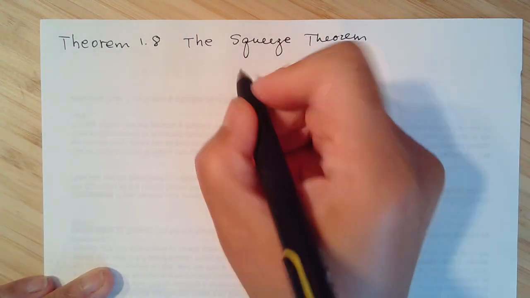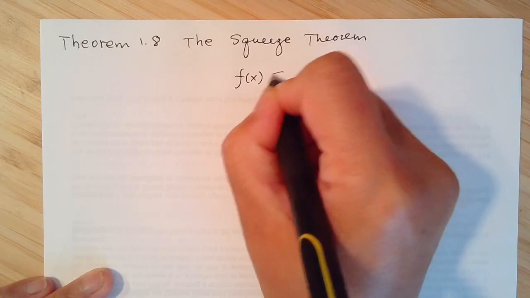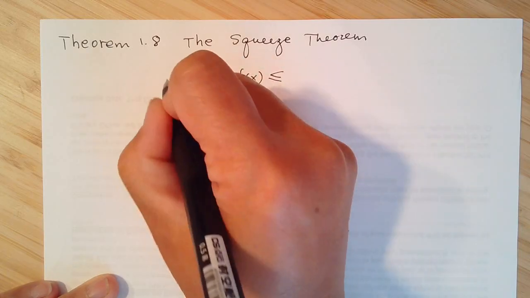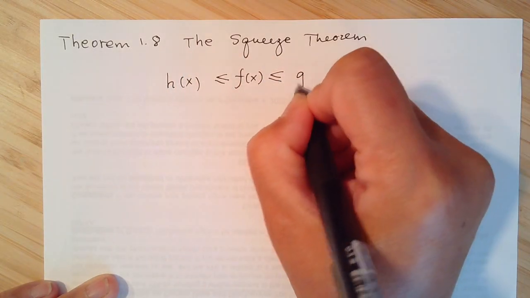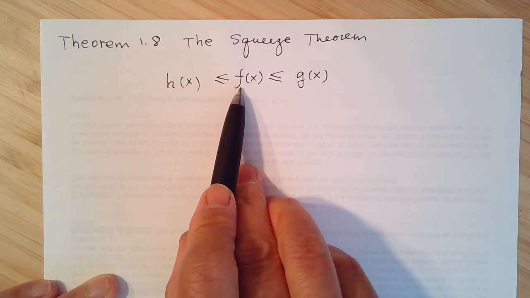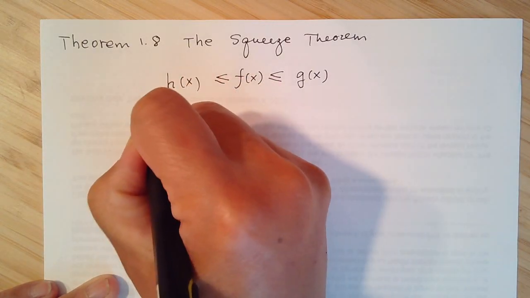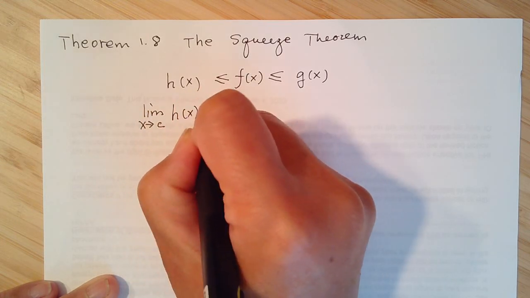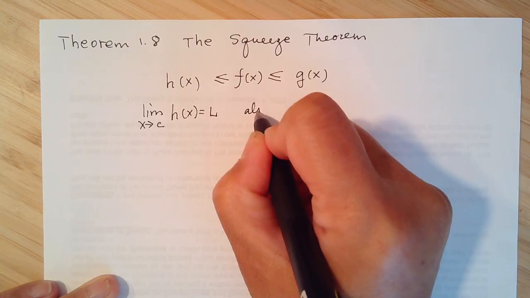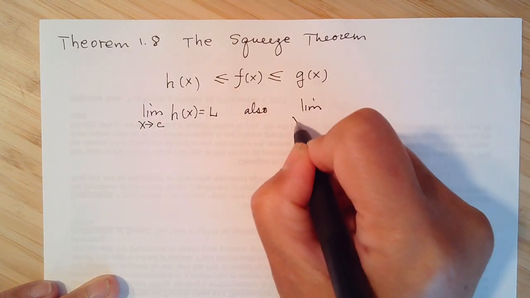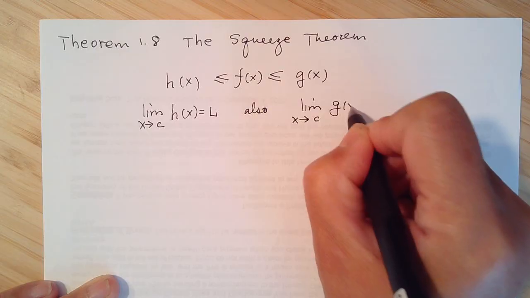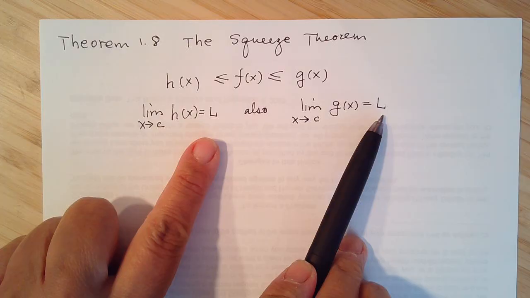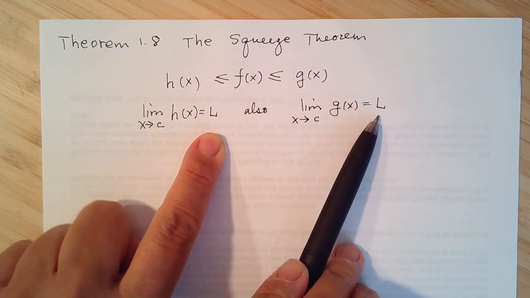What it says is this: if they give you f of x, and you know f of x's value is between, I call these h of x and g of x, so this function's value is always between these two. And if the limit as x approaches c of h of x equals L, and also the limit as x approaches c of g of x equals L, that means these two functions have exactly the same limit as x approaches c.